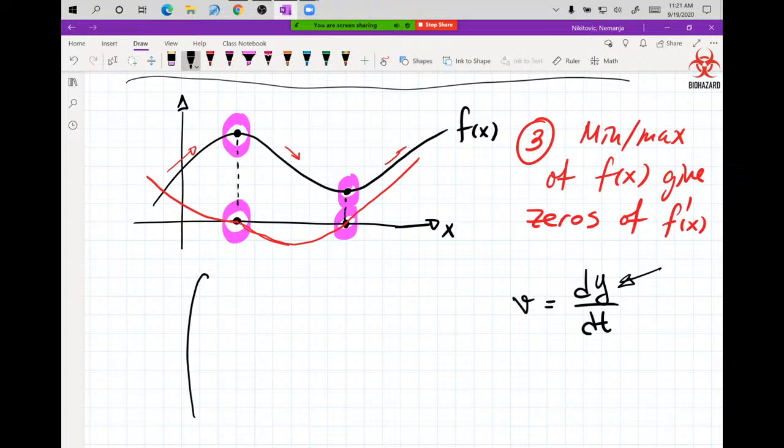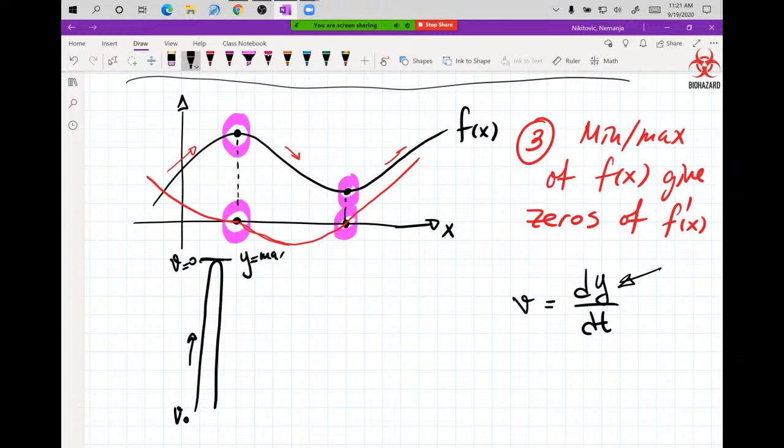So you throw something up. Let's go back to this one. You throw something up at some velocity v0. It will be constantly slowing down because the gravity is pulling the other way. When it reaches the maximum point here, velocity equals 0 and y equals max.